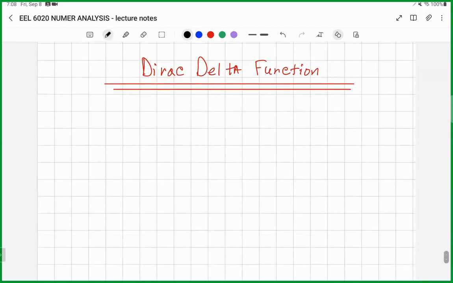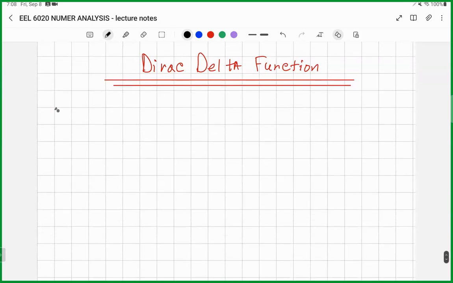So Dirac delta function, as you probably know already, is first of all denoted by delta of x. x is the variable. It can be spatial. It can be time variable. And technically, it is not a function, but a distribution, right?